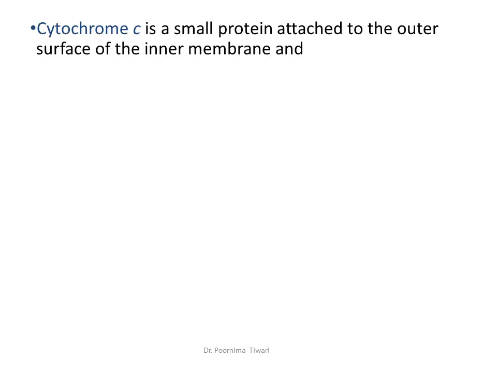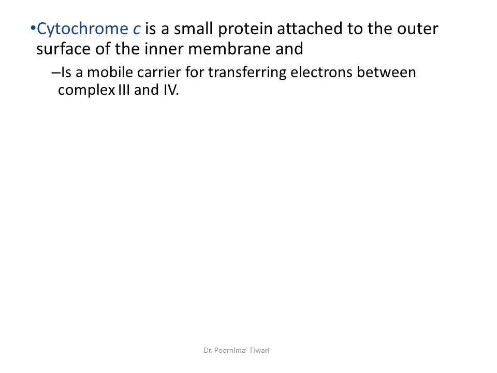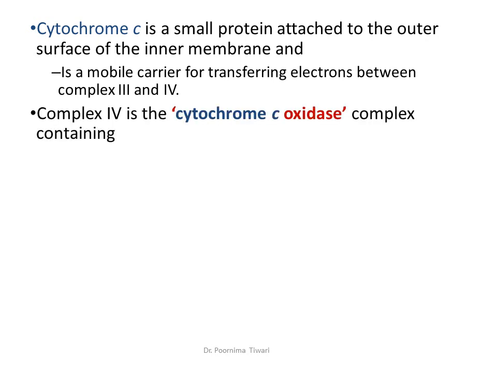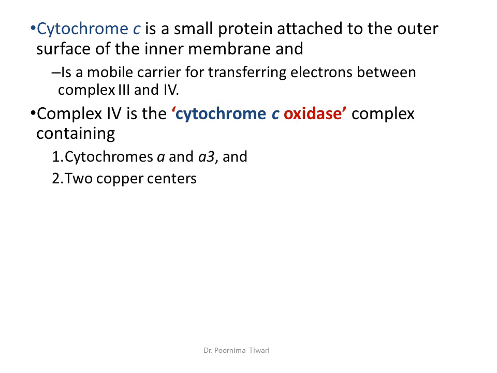Cytochrome C is a small protein attached to the outer surface of the inner membrane of mitochondria. It is a mobile carrier. It transfers electrons between complex 3 and complex 4. As we saw before, complex 4 is cytochrome C oxidase. It contains cytochromes A and A3 and 2 copper centers. So we can see that cytochrome C accepts the electrons and then passes them on to cytochrome C oxidase.